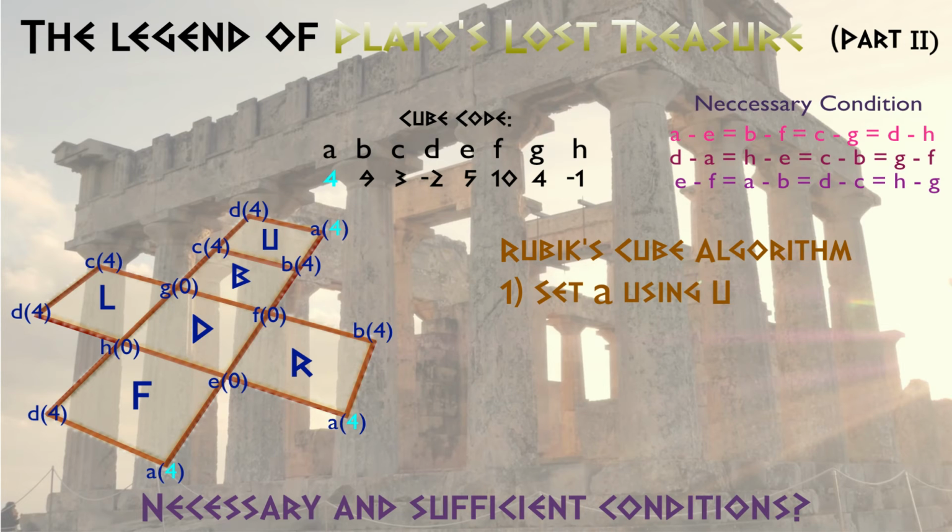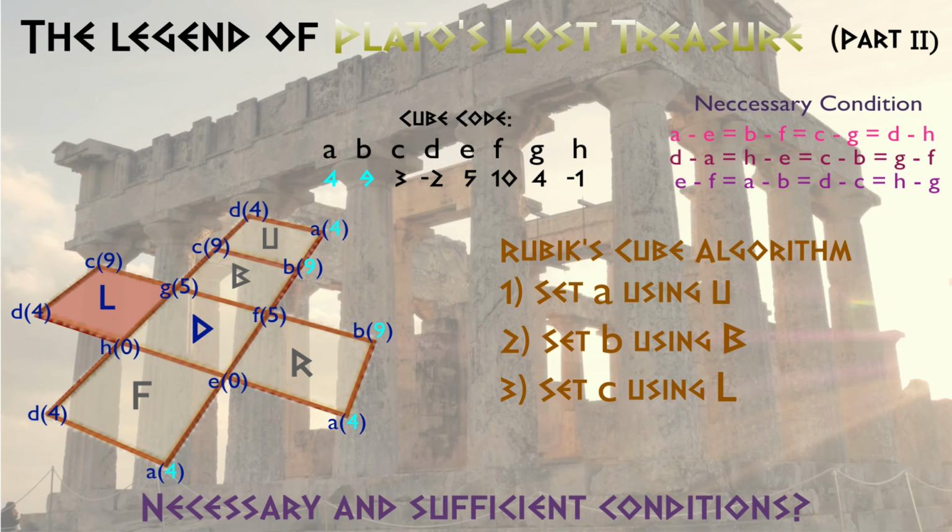Note that because vertex A also lies on faces R and F, we can't use faces U, R, and F further along in our algorithm without messing up vertex A. We'll next set vertex B to its correct value by pressing face B. Note that this doesn't mess up the work we've done on vertex A. The only faces we have left to use that won't mess up one of the vertices we've already set are faces L and D. So we'll use L to set C to its correct value.